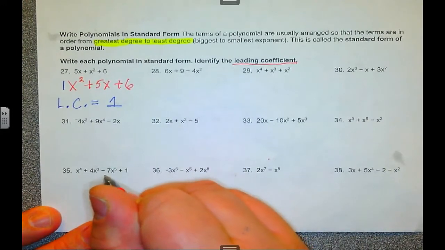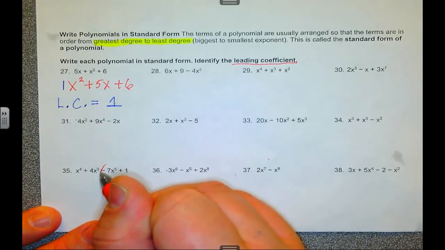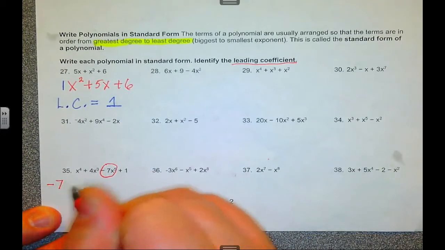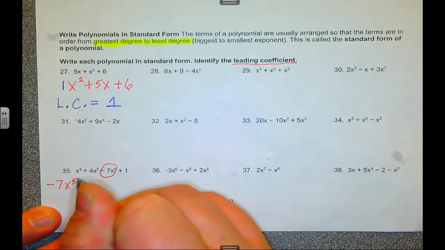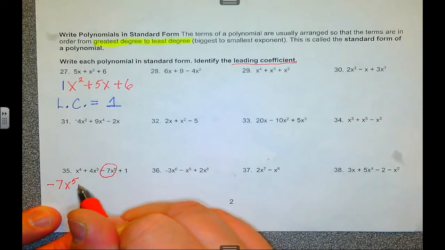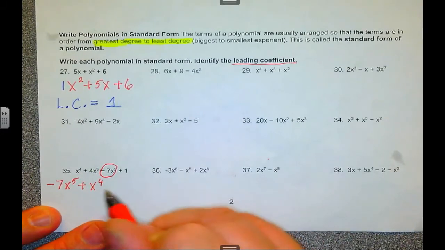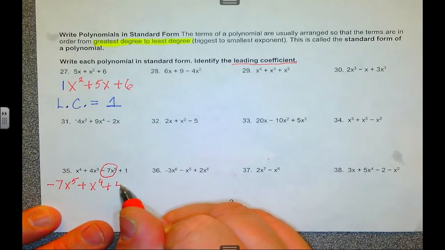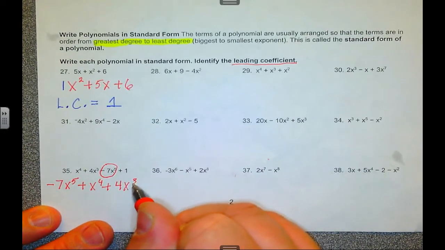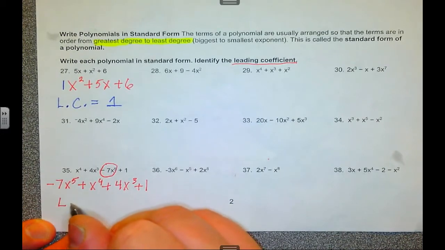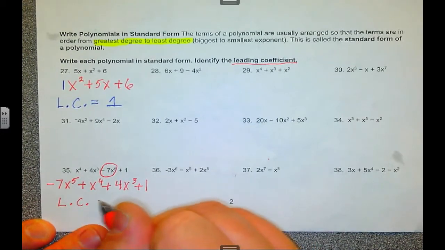Five, right? Be careful. Bring the negative sign with that. What's my next one? That's right, x to the 4th. And then 4x cubed, and then my 1. What's my leading coefficient? -7.